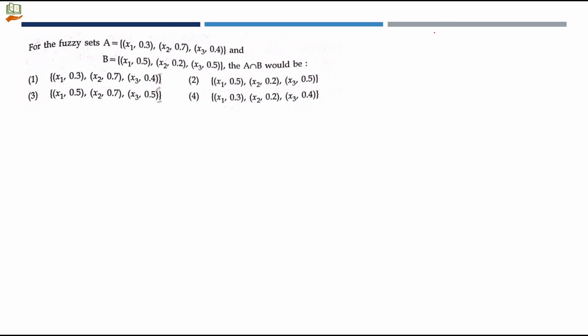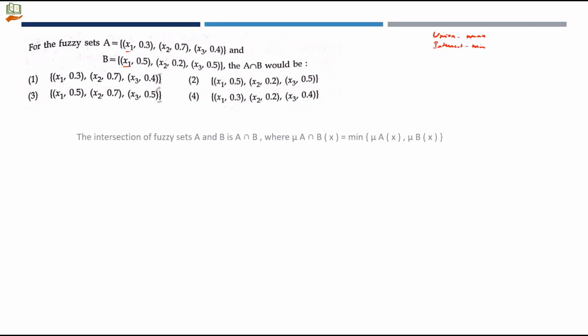For union, you have to choose the maximum of the elements, and for intersection, you have to choose the minimum of the elements. What is the maximum and minimum part? If both the sets have x1 element, whichever is maximum becomes the union choice. Whichever is minimum becomes the intersection choice.